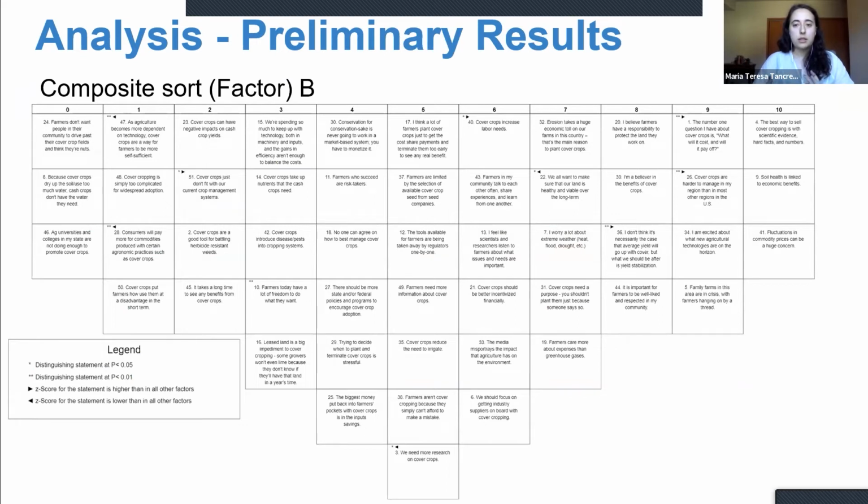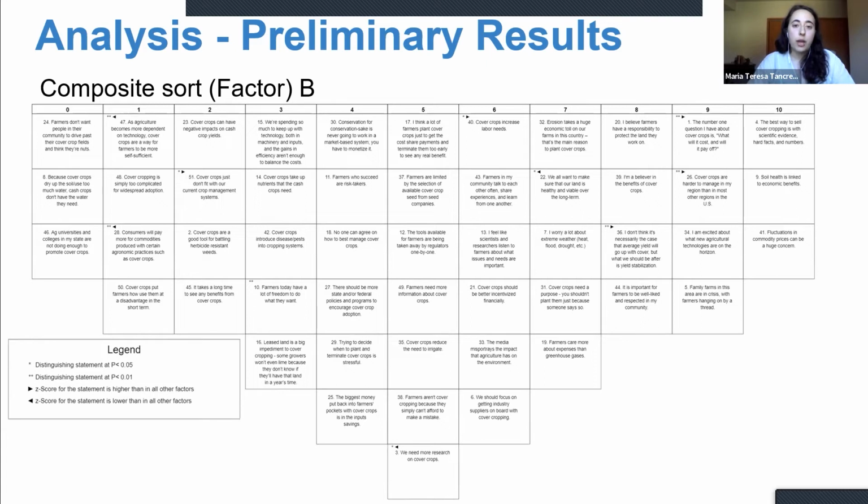So in plain words, this is basically what we would get if all the farmers from the same factor would sit together around the table and complete our card ranking together, discussing, deciding, making compromises of where they want the cards to be, and then generating just one table instead of one table for each one of them.